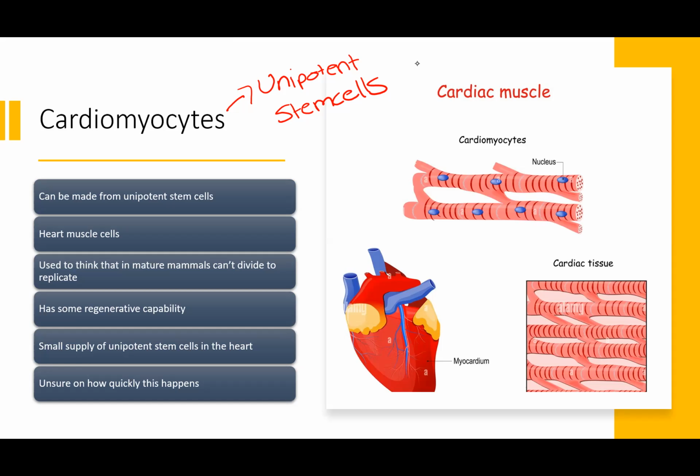The problem with this is that some researchers think this process could be constantly occurring, while others think it might not be. So we know that there are some unipotent stem cells there, but we're not quite sure how fast this replacing of damaged or old tissue is happening.